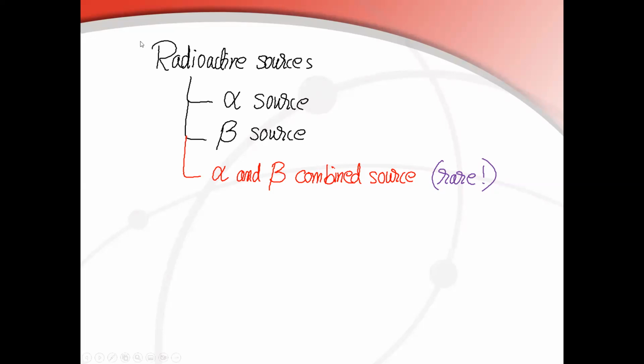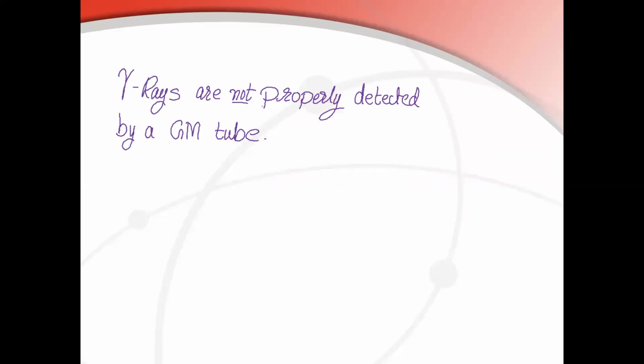Done. Now, some are alpha sources, some are beta sources. Gamma rays are not properly detected by our GM tube. This is our next concept for today. GM tube is very effective for alpha particles and beta particles, but why are gamma rays not normally detected? Because gamma rays are not much ionizing. GM tube actually works on the principle of ionization.